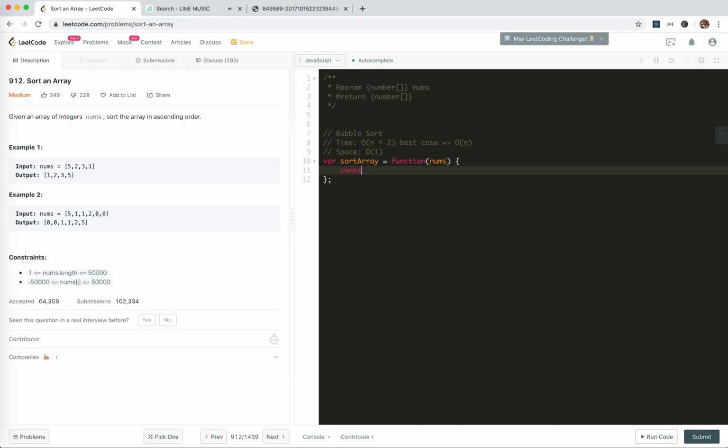I will first create a util function called swap, i, j.